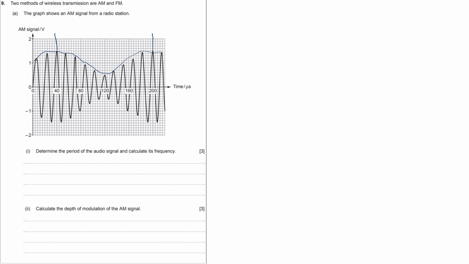So the time period equals 160 microseconds, and then obviously the frequency is 1 over 160 times 10 to the minus 6. 6250.